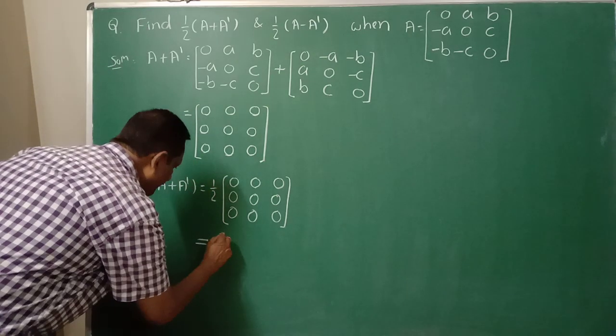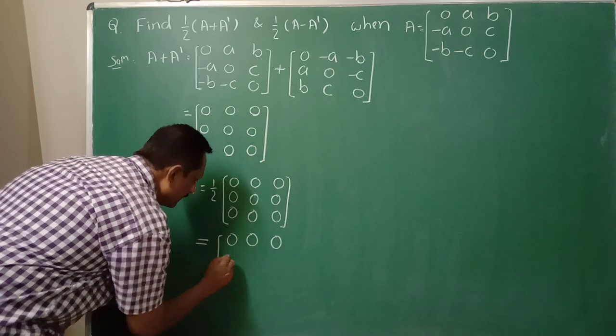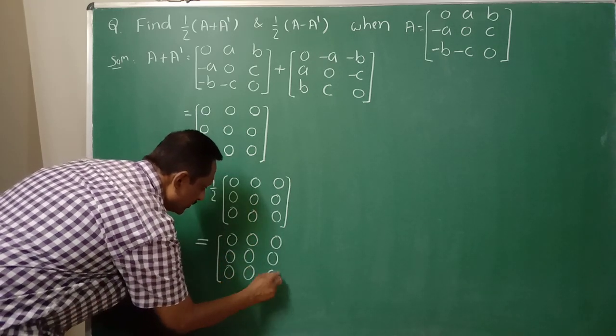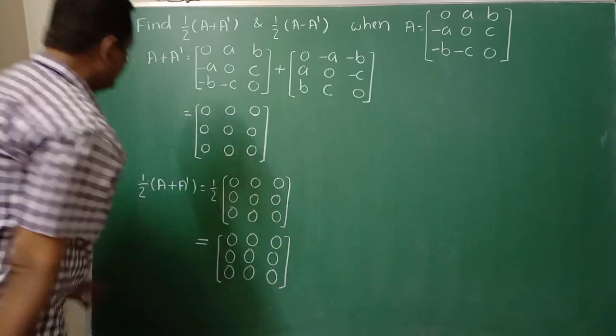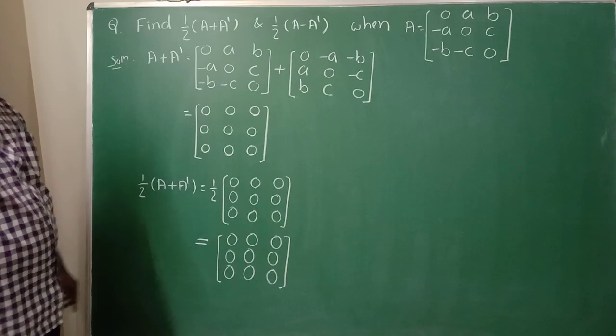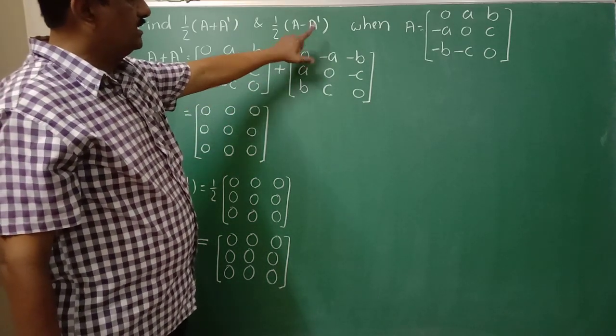Therefore it gives the null matrix. In the second case, 1 upon 2 into A minus A dash is there.